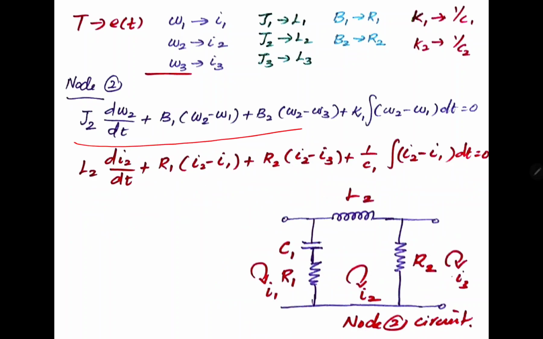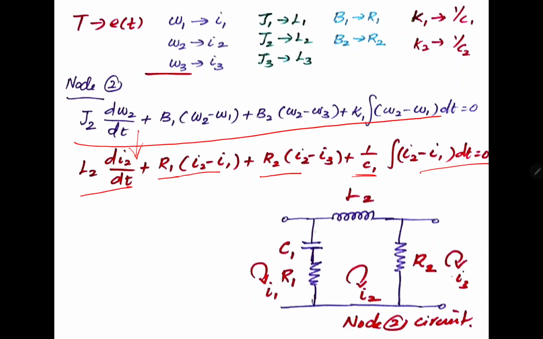This is equation 2 and the equivalent electrical equation. In this electrical equation we have an inductor, which is not common, and a resistor common to loop 2 and loop 1, and another resistor which is common to loop 2 and loop 3. A capacitor is common to loop 1 and loop 2.